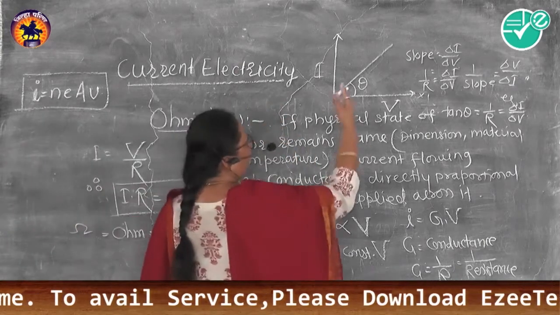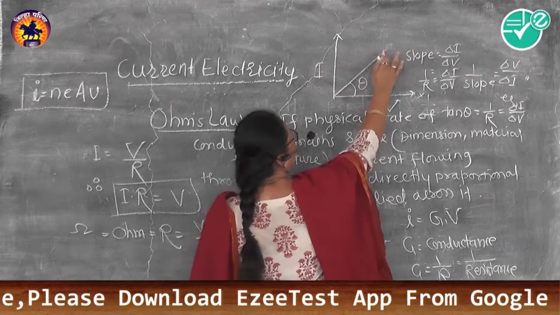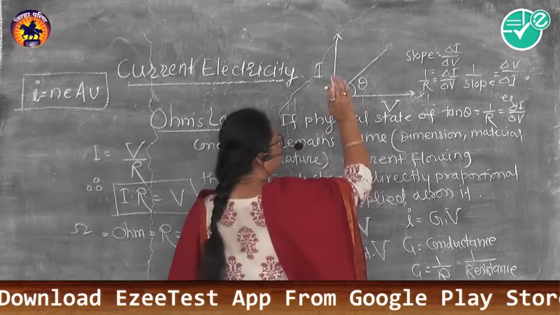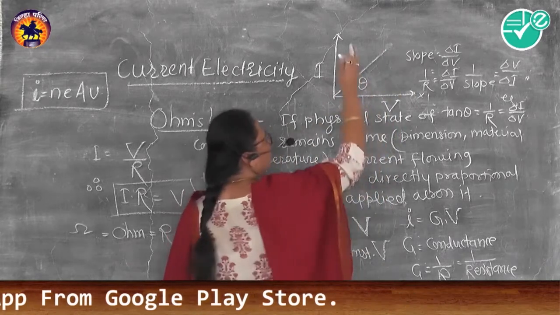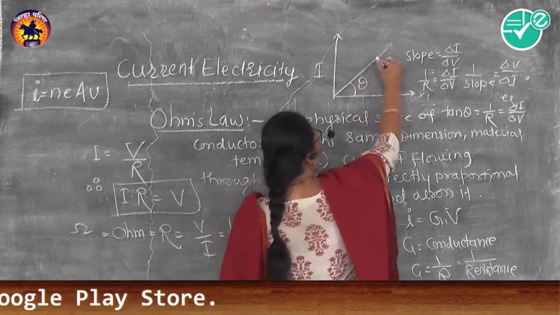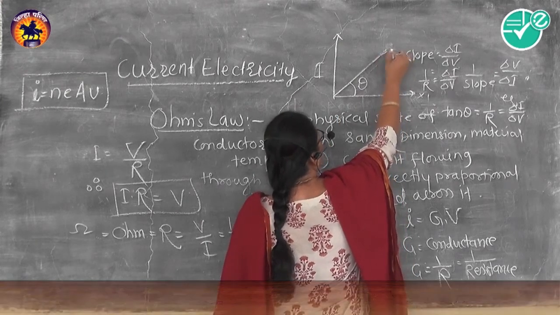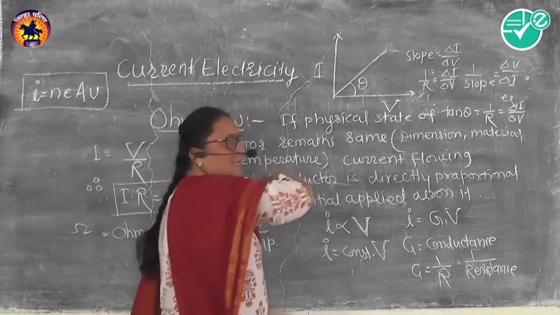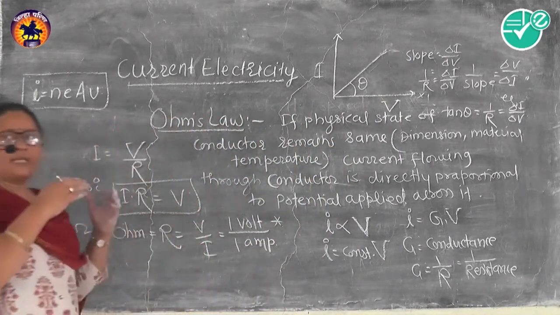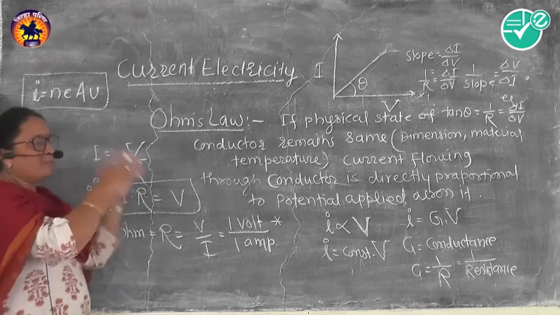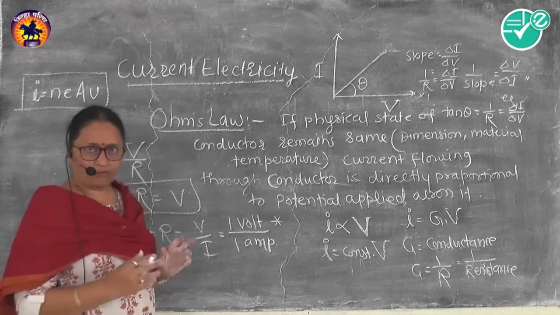So in actual practice, this graph is a straight line up to a certain value of temperature, and after that, if we increase the potential difference, the temperature increases and the opposition increases, and the value of resistance will not remain a straight line, it changes. So we cannot apply Ohm's law beyond a certain limit of potential or temperature.